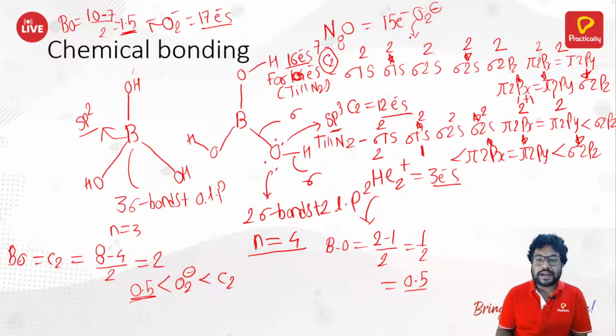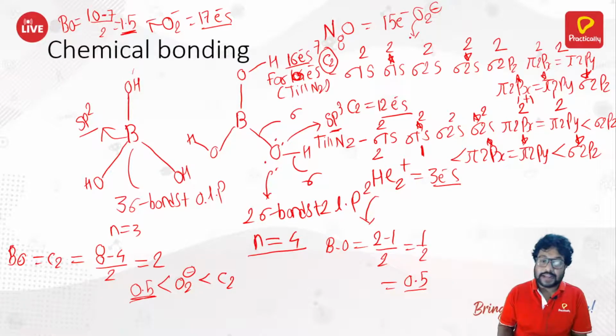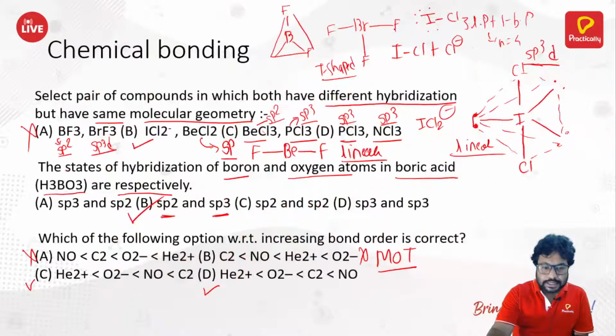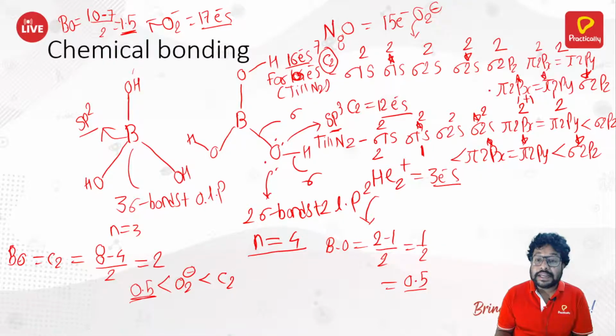So when you have 15 electrons, you need to follow the order of MOT which is used for more than 14 electrons. That is the same order that we use for oxygen also. So for NO, how can we distribute? 15 electrons: 2, 2, 2, 4, 8, 2, 10. Then you got 12, 14, and a single electron here in 15.